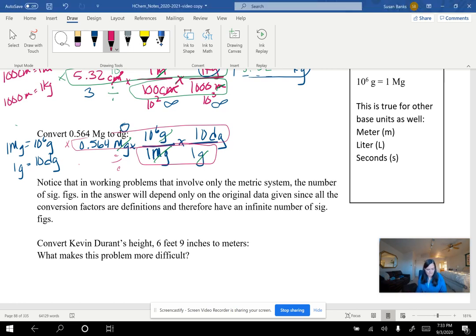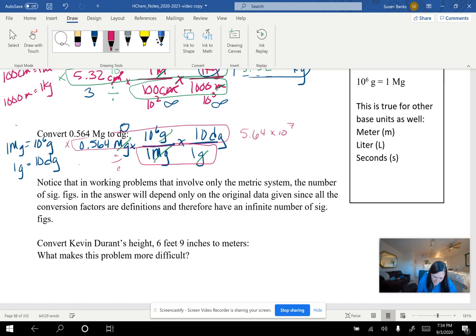And then, it didn't give it to me in scientific notation. So I'm going to have to actually count over my numbers. So I have 1, 2, 3, 4, 5, 6, 7. So 5.64. 1, 2, 3, 4, 5, 6, 7. 5.64 times 10 to the 7.